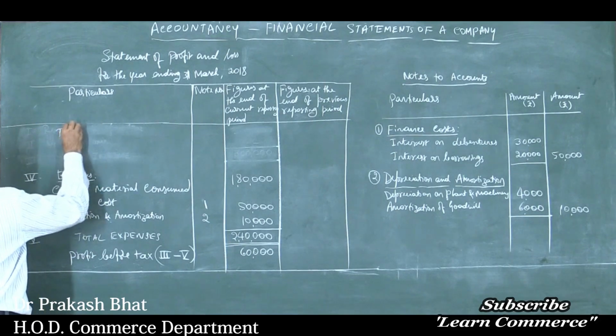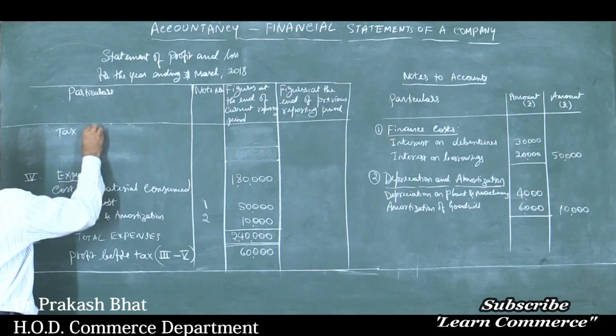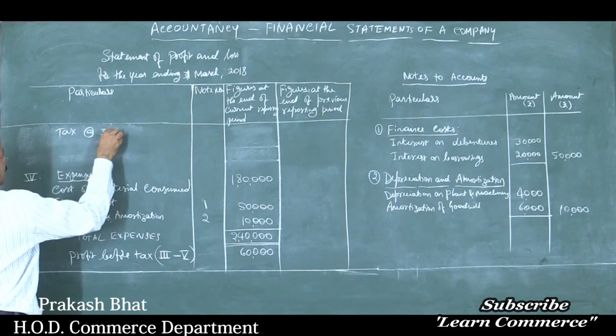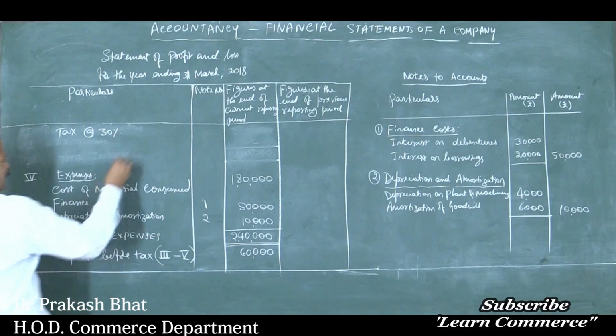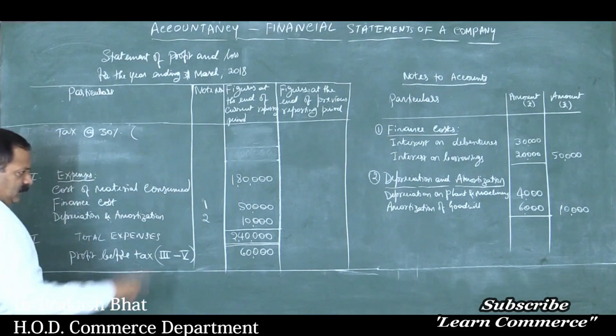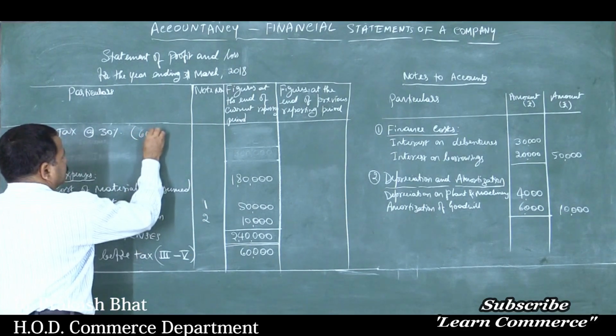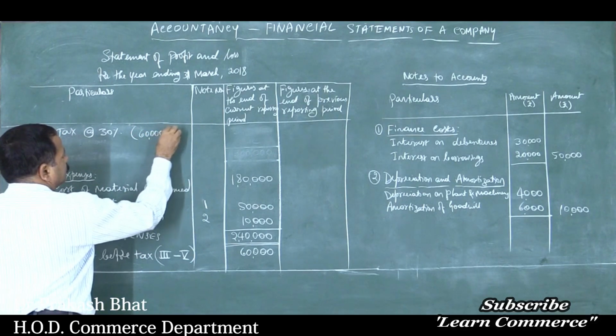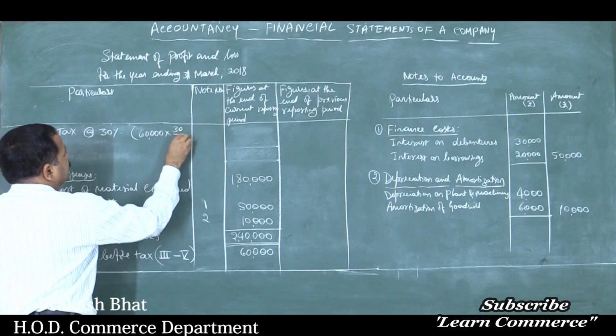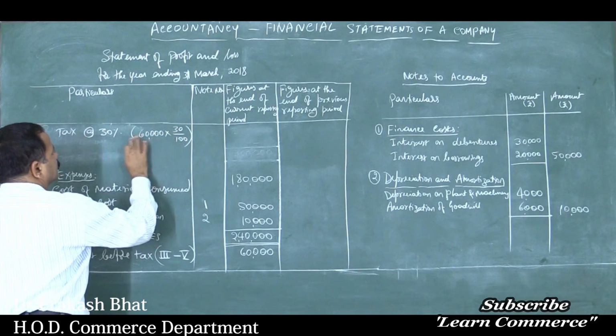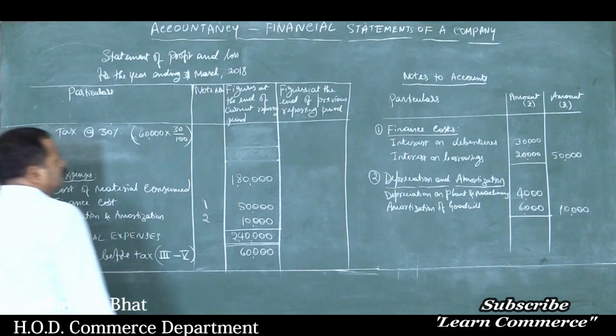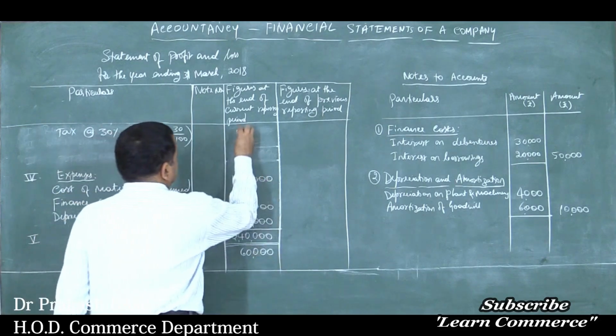The rate is given at 30%, correct? That is 60,000 into 30%. So it will be 18,000.